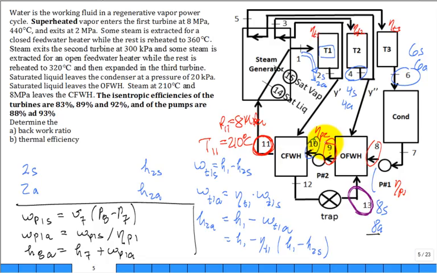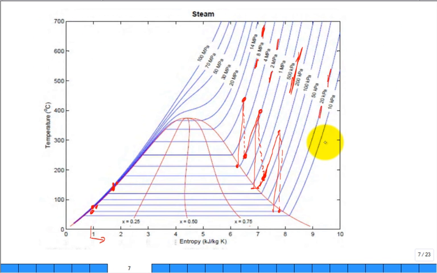And then once I find 11, then I want to find 12, okay? And then 13. So let me not jump back and forth. I'm going to find 11, 12, and 13. Okay, so where is 11? High pressure at that temperature of just a little bit over 200. So it lands right in there. Isn't that 11?